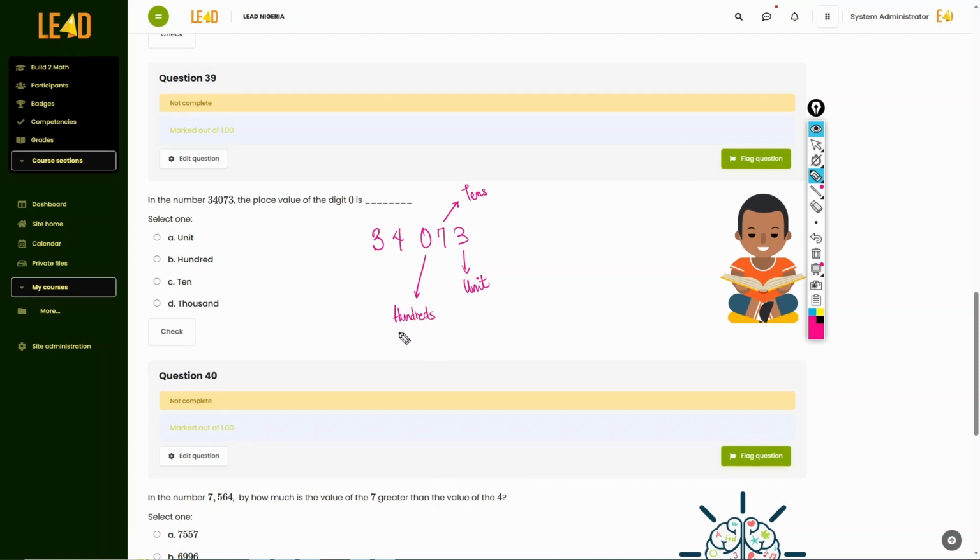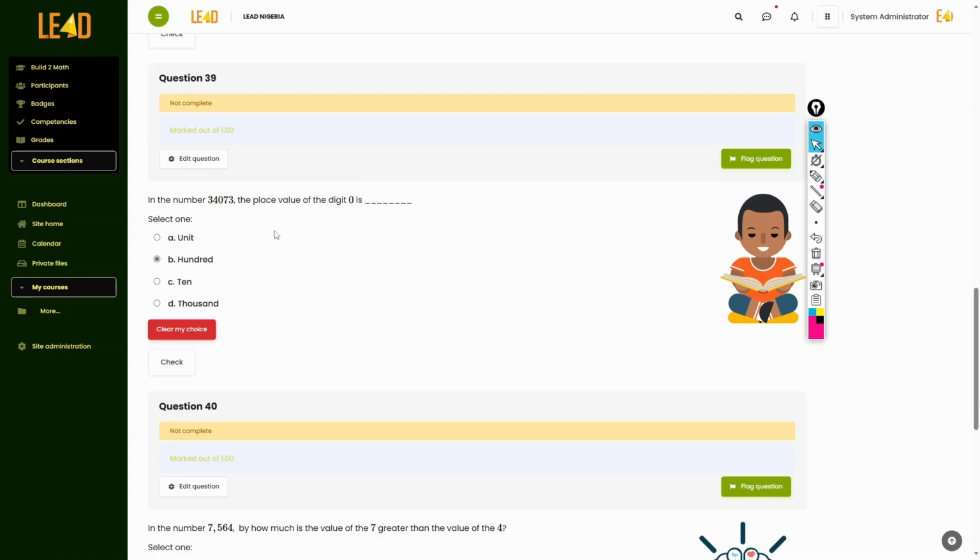So we need to learn how to count our place value. Units, tens, hundreds, thousands, tens of thousands, hundreds of thousands, millions, 10 millions, 100 millions, billions, 10 billions, 100 billions, trillions, 10 trillions, hundreds of trillions, and so on and so forth. So yes, it's just 100. So the correct option is B, hundreds.